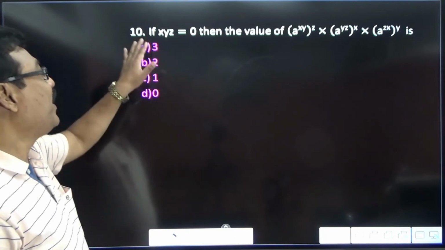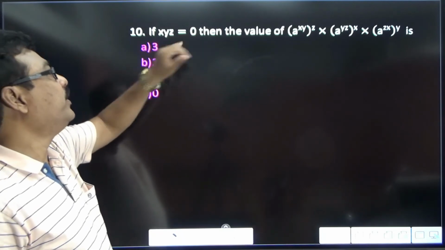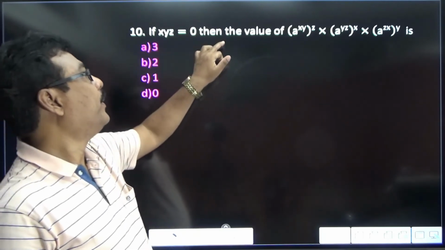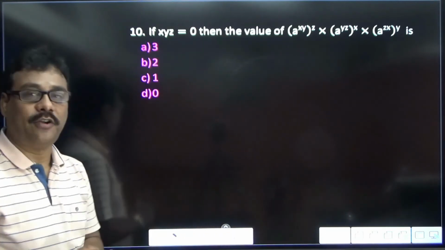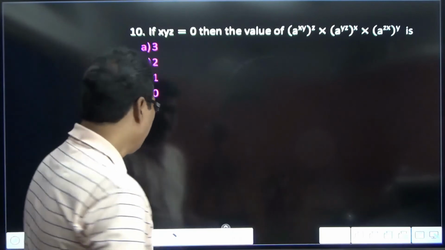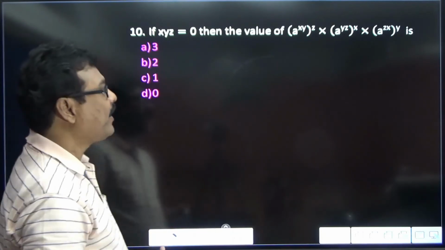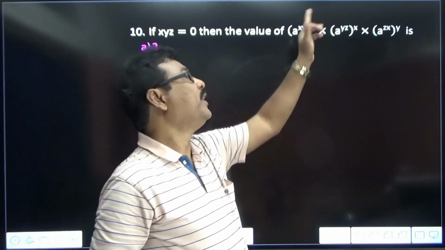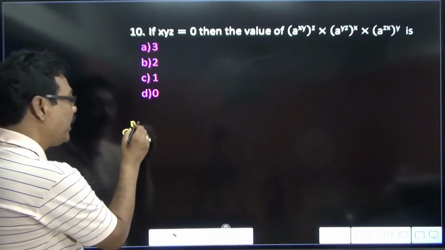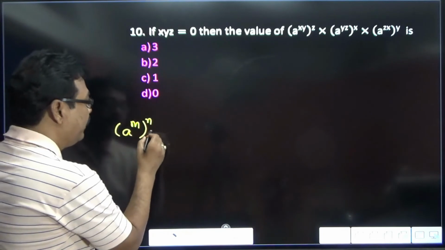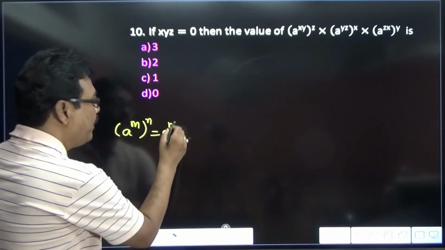Then the next one, let us see what it is. Well, if xyz is equal to 0, then what is the value of this one? So how will we solve this one? What formula are we going to apply? I can see here a to the power something to the power something is given. So I can use the formula a to the power m to the power n is equal to a to the power mn.